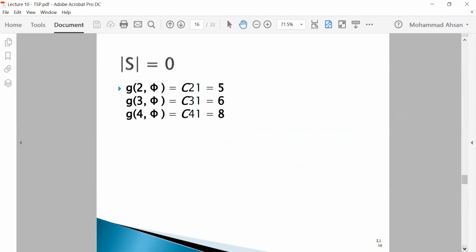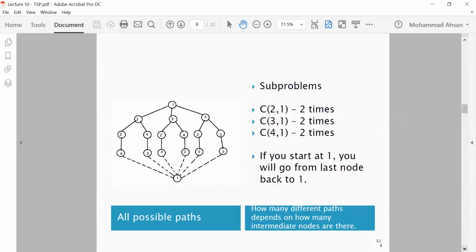So if you see here, right now you are here, okay, you have the choice. There are two intermediate vertices, 3 and 4. You can go from 2 to 3, or you could go from 2 to 4. Okay, so there are two paths, and then 4 onwards to 1.